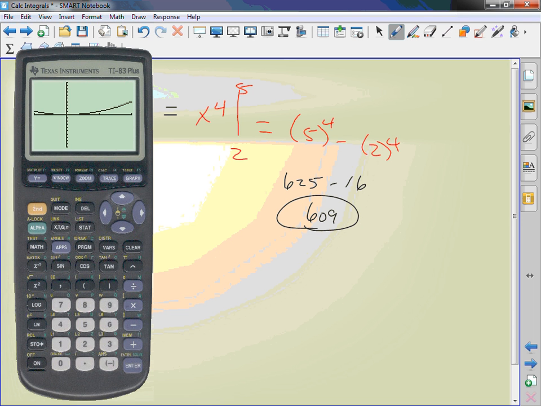So the area underneath 4x cubed from 2 to 5.